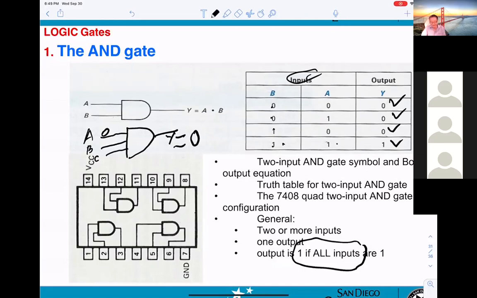My question is, what should the input B be? What you think? Don't know. Input B could be a 1 or 0, right? It could be 1 or 0.